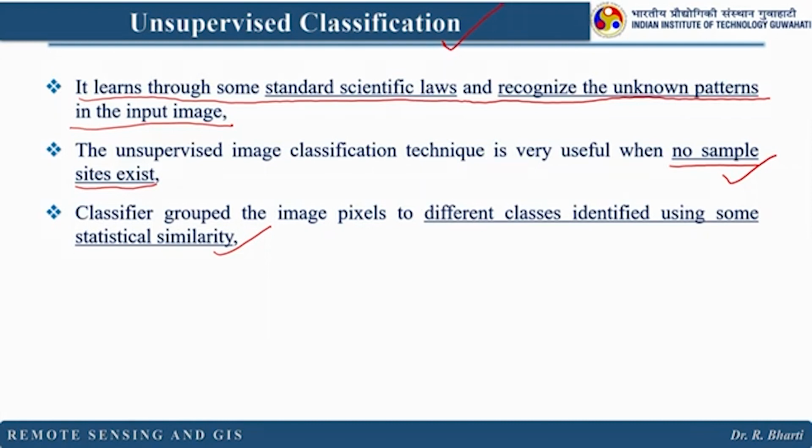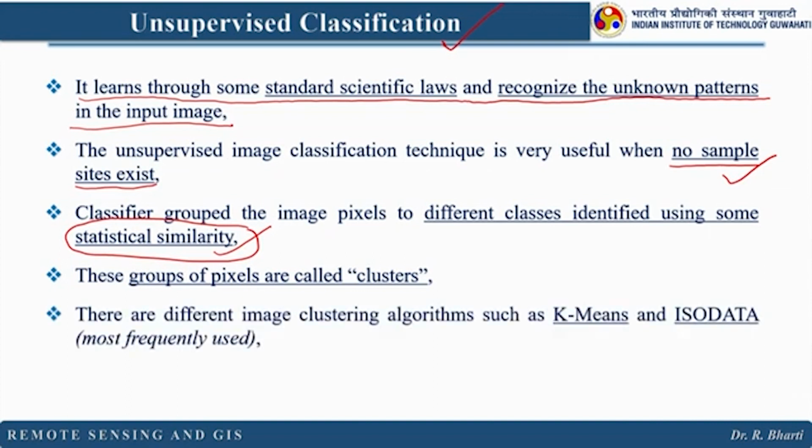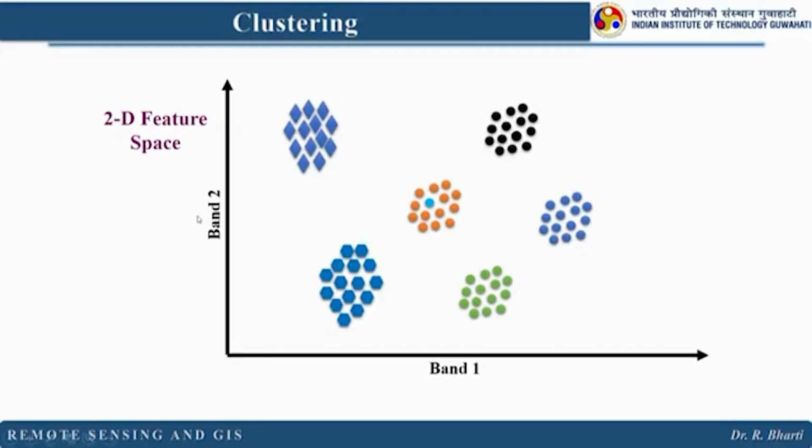We want to identify groups or clusters based on statistical similarity, and these groups of pixels are called clusters, right. There are different image clustering algorithms such as k-means and isodata which are frequently used. So let us understand what exactly clustering means, right.